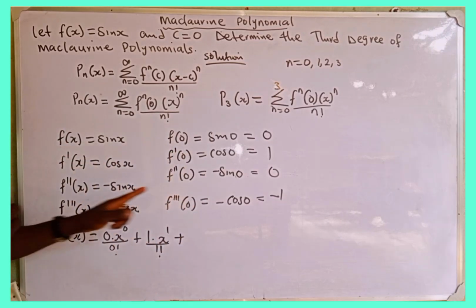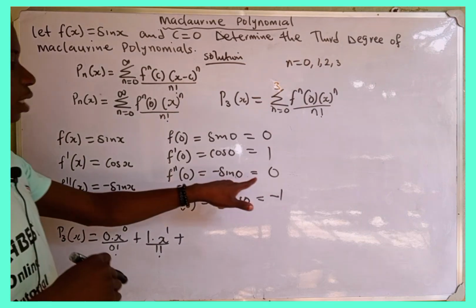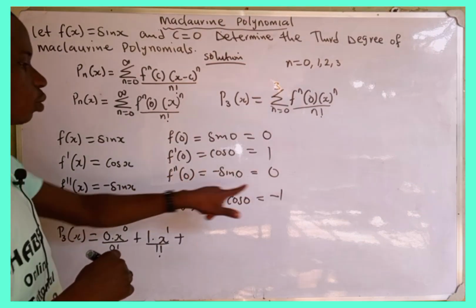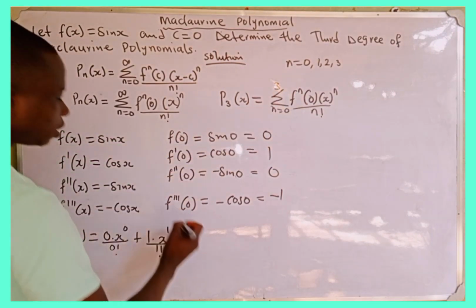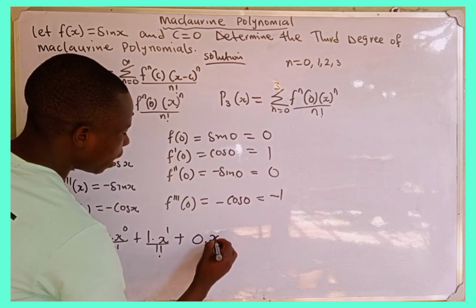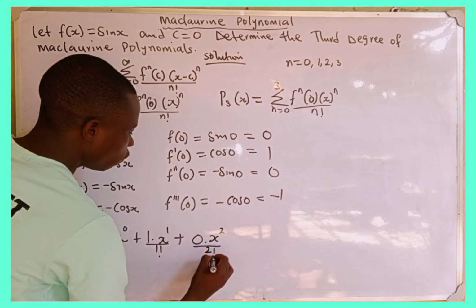Then plus, at n equal to 2, we have minus sine x, which is the same as f double prime of 0, which is 0. So we replace it with 0, then multiply by x raised to the power of 2 all over 2 factorial.